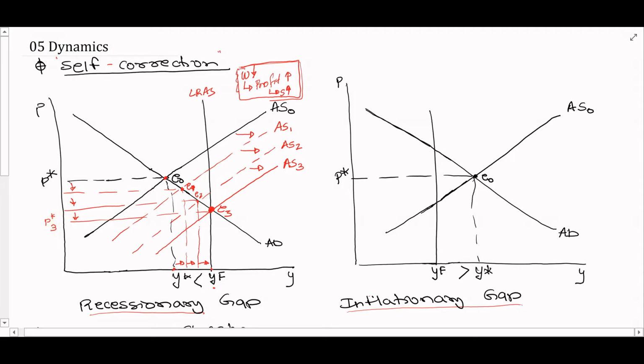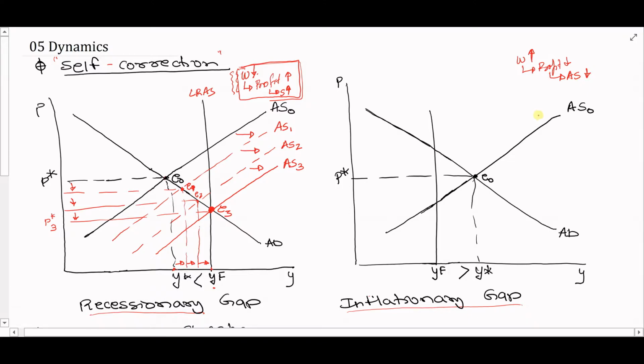Now notice I have drawn several curves before we hit AS3, because we want to represent this correction process of shifting of aggregate supply. In case of an inflationary gap, you are overusing a resource, right? And if you overuse a resource, if you work overtime, you obviously ask for higher wages, right? And hence the profitability of the businesses will be lower because the businesses are paying overtime, and as a result, they would want to supply less, right?